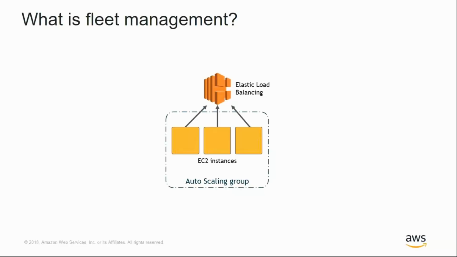But if you put these 3 instances in an auto-scaling group, as soon as one of the instances fails the health check, auto-scaling will automatically replace the instance with a new one. And if your EC2 instances are behind an Elastic Load Balancer, it will also register the new EC2 instance with that load balancer.